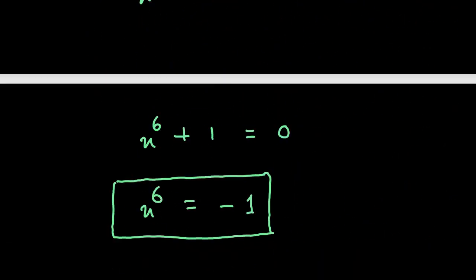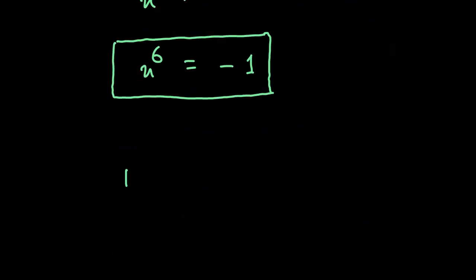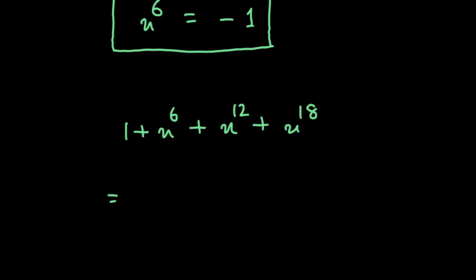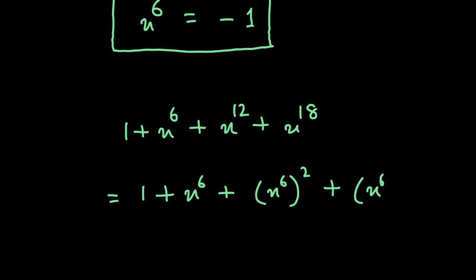So we can write 1 plus x to the power 6 plus x to the power 12 plus x to the power 18 equals 1 plus x to the power 6 plus x to the power 6 whole square plus x to the power 6 whole cube.